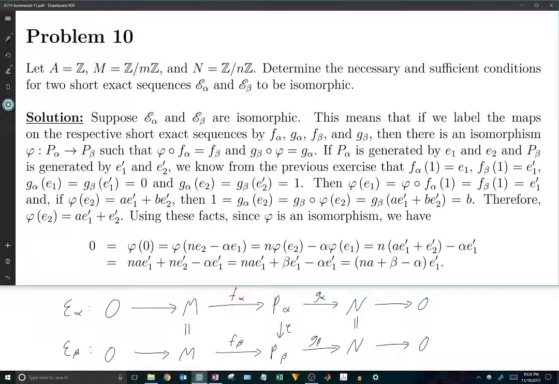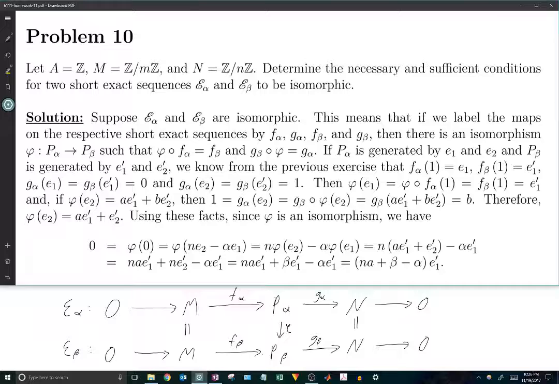And then if we look at these two squares here, we've got this one between the M's, P alpha, P beta, and one between P alpha, P beta, and the N's. Now both of these squares have to commute, i.e., if we start at M and go through F alpha and then through phi, that's got to be the same thing as going through F beta.